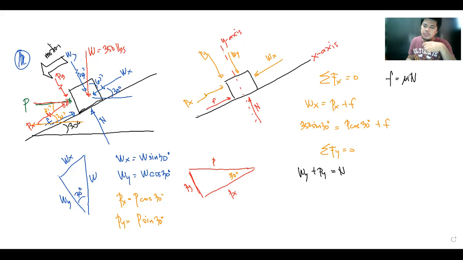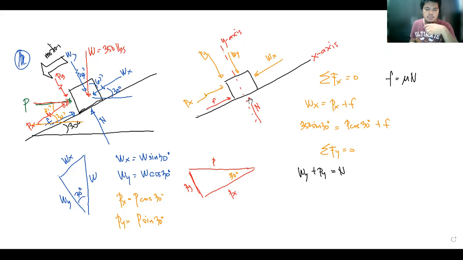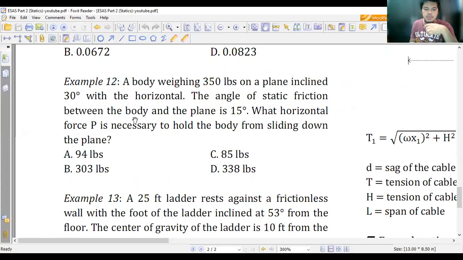So are we given mu? According to the problem, let me show you the given problem. The angle of static friction between the body and the plane is 15 degrees. That means that the coefficient of friction mu is equivalent to the tangent of the angle of static friction, so tangent of theta.